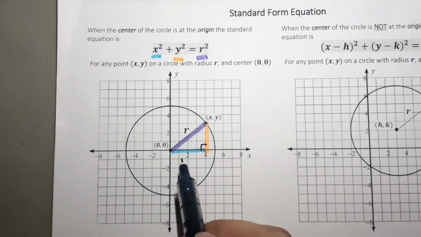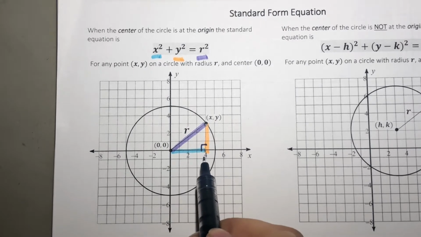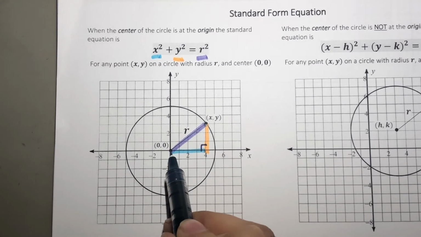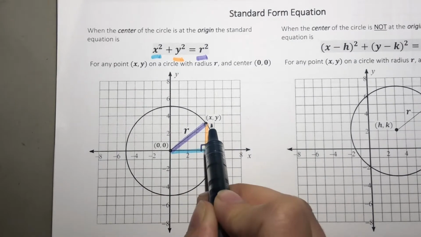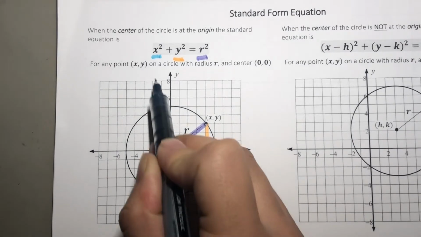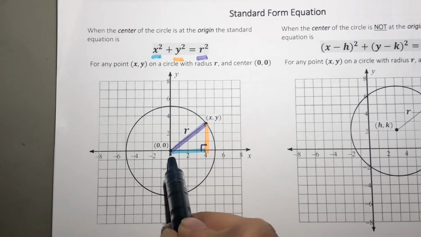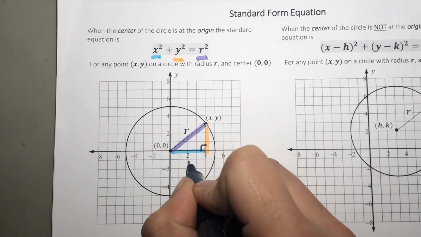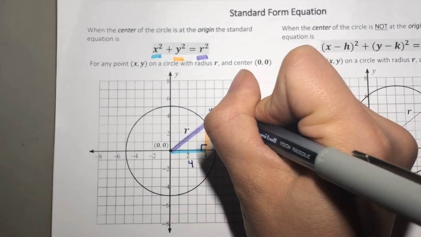In this example right here, this length would be, we're going from 0 to x. That's where the x comes from. For this example in particular, we're going from 0 to 4 because the x coordinate is 4.